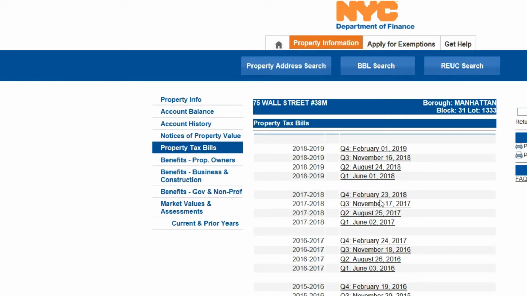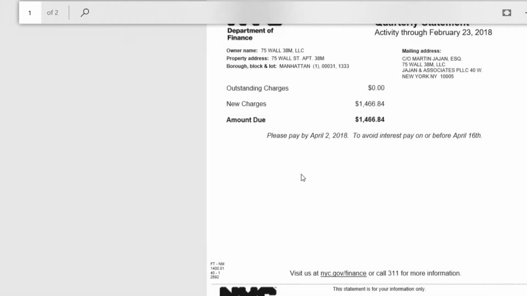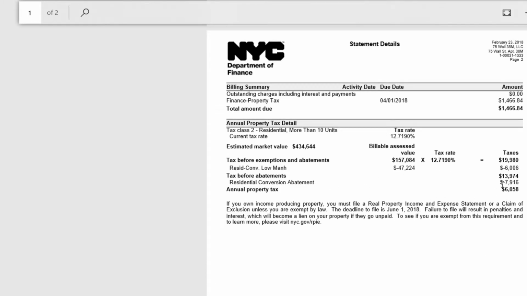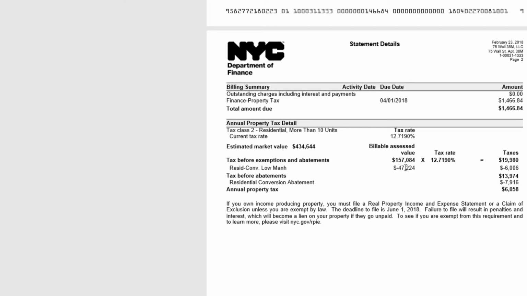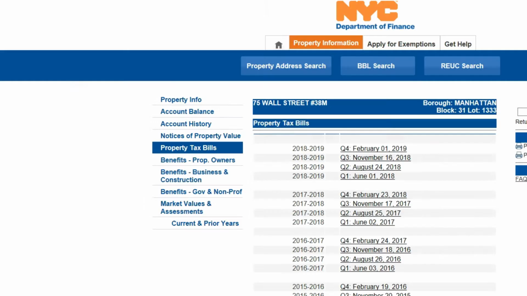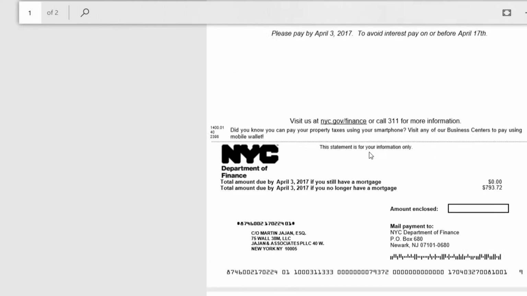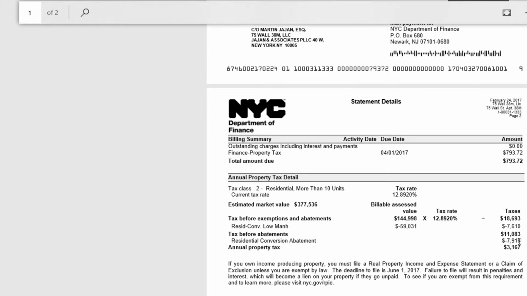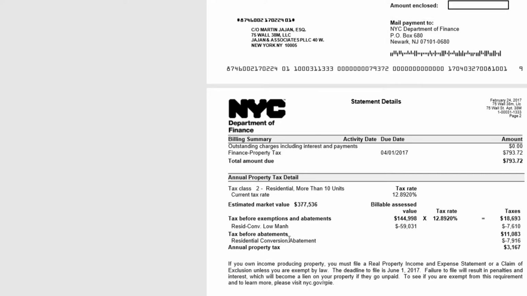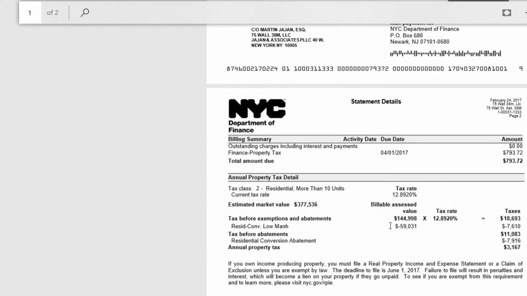So as discussed, it changes per fiscal year. If you go down to the next fiscal year, you'll see that again, this is different. So the assessed value was a bit higher the prior year because it's in the process of being phased out, 7916, and so on. If you go to this year prior, you'll see again 7916 because it hasn't started phasing out for the abatement yet, but this is the top level, the original base level for the exemption amount.